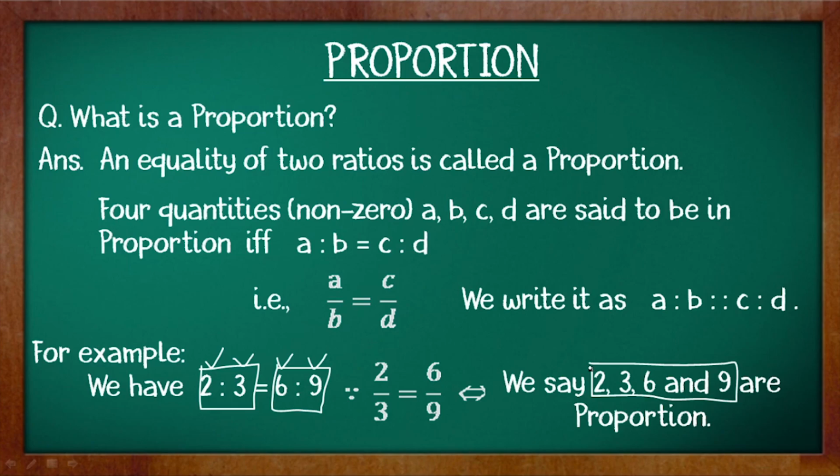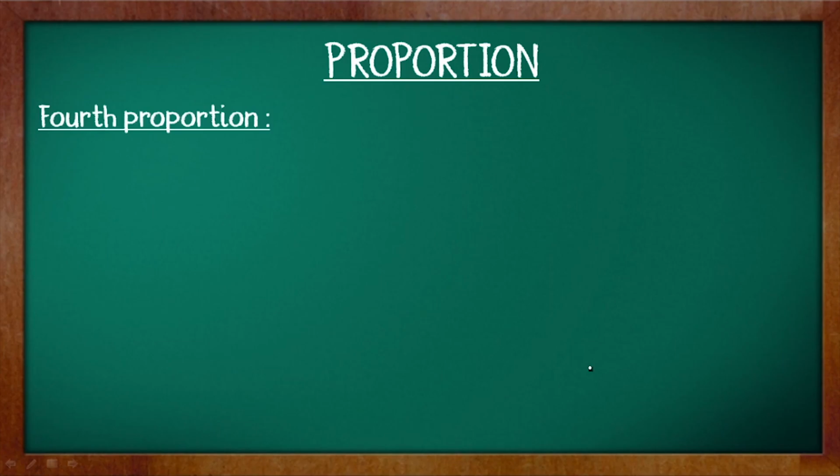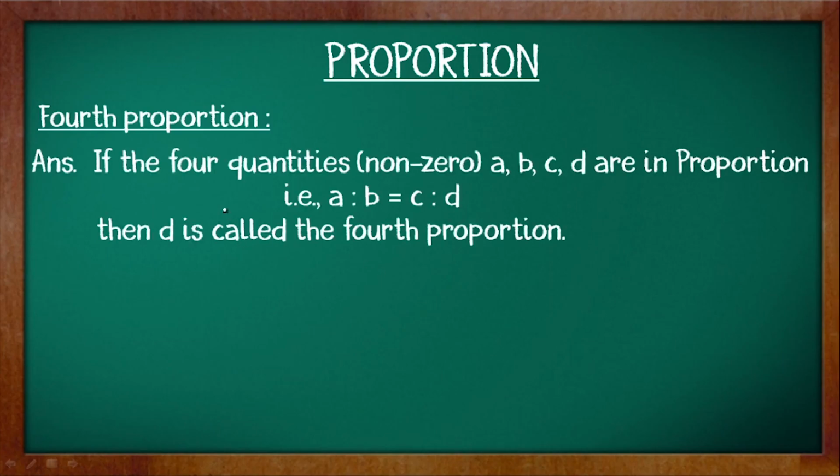Okay, so let us see a few terms relating to proportion. Fourth proportion. If four non-zero quantities a, b, c and d are in proportion, that means a is to b will be equal to c is to d.